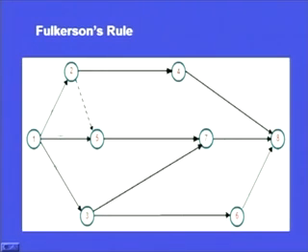Initially, we try to find out a node from which there are arrows emerging and there is no arrow entering into that node. So, in your diagram on your screen, you can see that this is the node from which there are arrows coming out and there is no activity or no arrow going in.